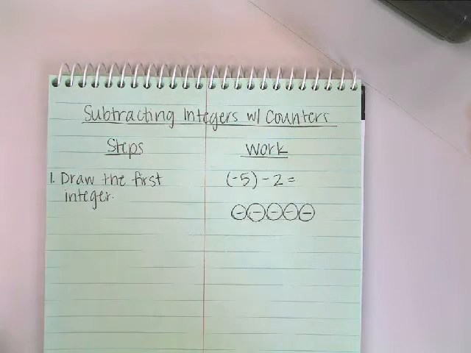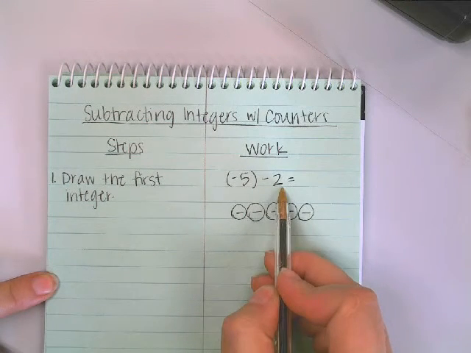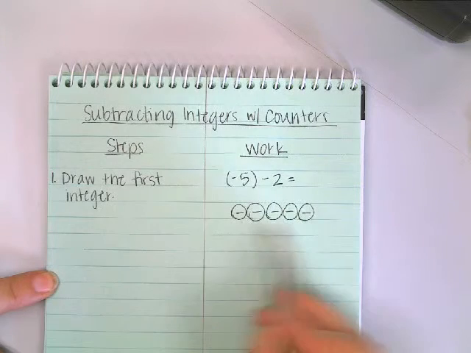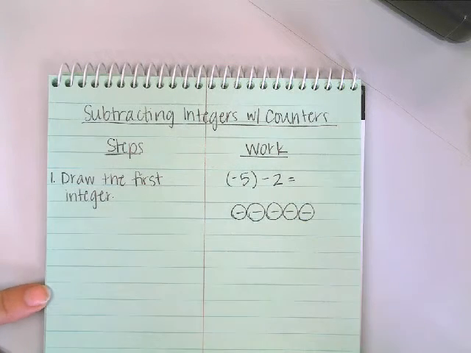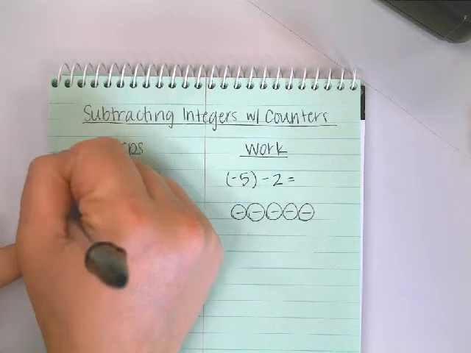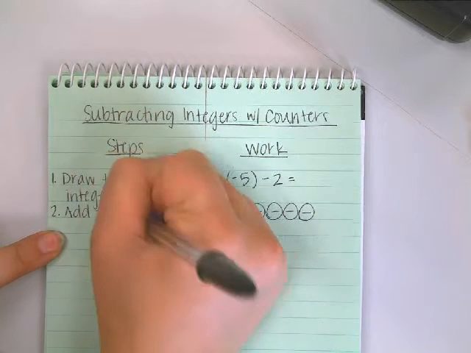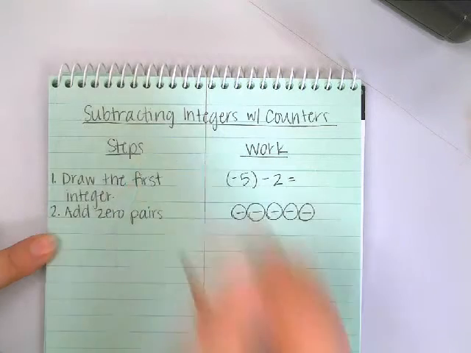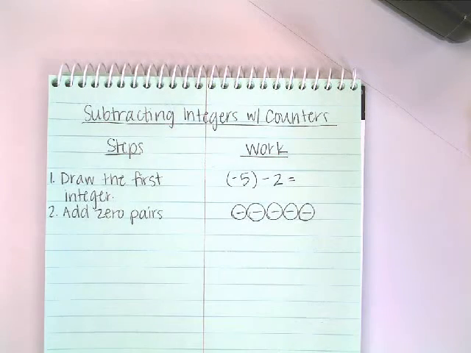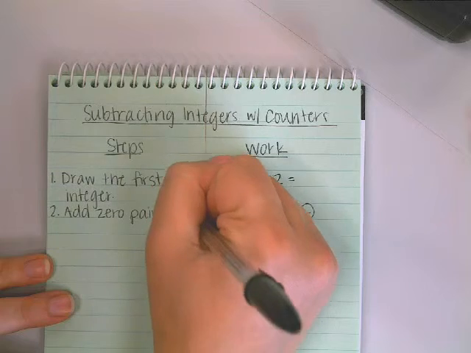Okay. Then I need to look at the second integer that I want to take away. I want to take away 2 positives, but I don't have 2 positives. So in order to take away 2 positives, my second step is to add 0 pairs until you have enough of whatever you're trying to take away.